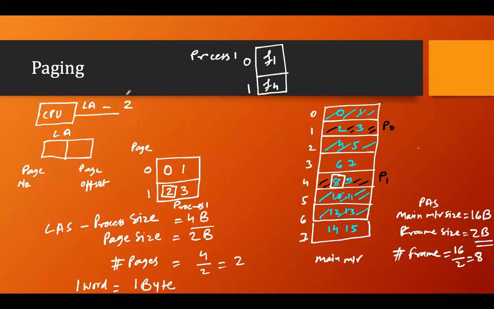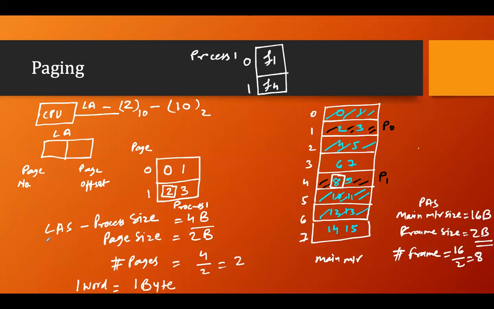Now, how will this decimal number 2 be converted into binary? This is the decimal number, and we need to convert it into binary. It will look like this: 0, 0, 0, 1, 1 and 0. Now let's come here.